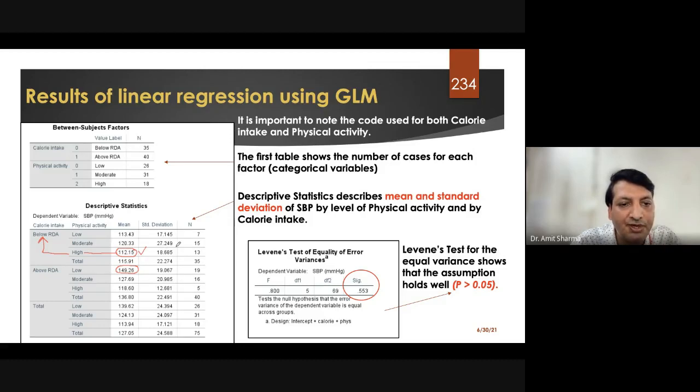That means the lowest range. If any person is doing low physical activity and taking a diet above the RDA recommended by the physician, their systolic blood pressure will be the highest, that is 149.